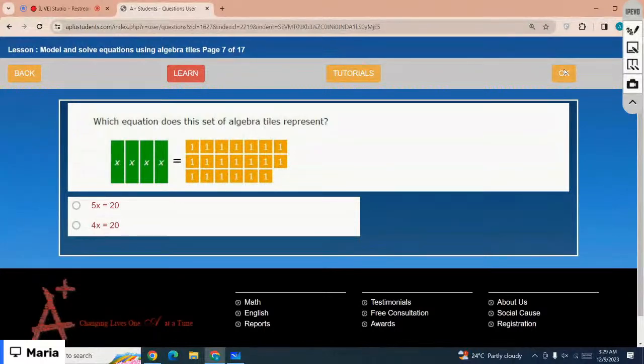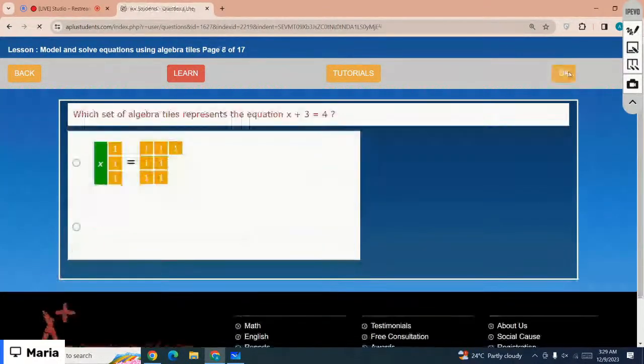That is 4x equals 20. Option number 2 is the correct option. Got it? Which set of algebra tile represents the equation x plus 3 equals 4? So which is the correct option?